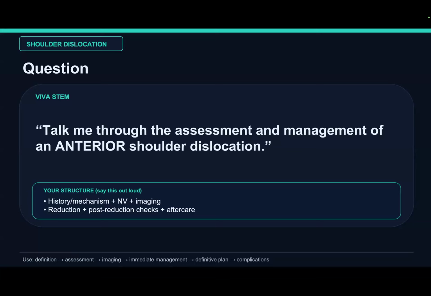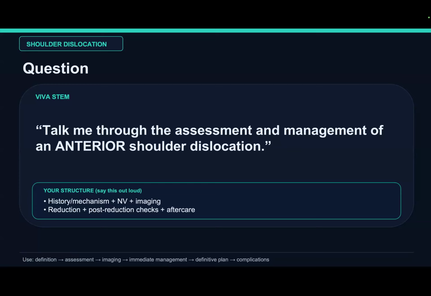If it's an old lady, my main concern would be the integrity of the rotator cuff, and some evidence suggests doing an ultrasound, but not in the acute setting.